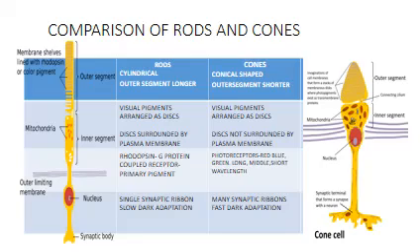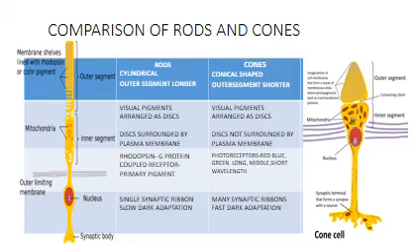So here we have a comparison of the structure of the rods and the cones. When we look at the rods, on the left hand side is the structure of the rod. We find that in the outer segment, the membrane shelves are lined with rhodopsin or color pigment.